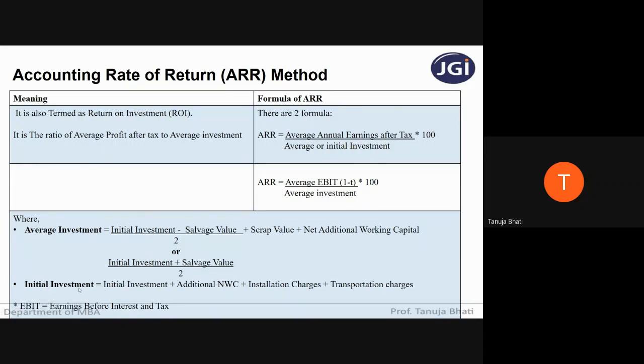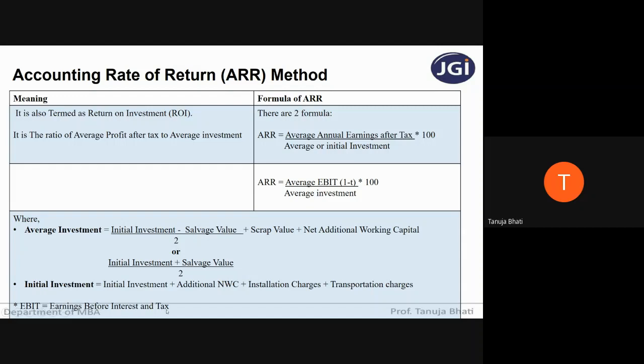So remember, your initial investment is not just what you're investing, but all the other expenditures up to bringing the asset to use. All those expenditures will also be added. So this is initial investment. And EBIT, as you know, is earnings before interest and tax.